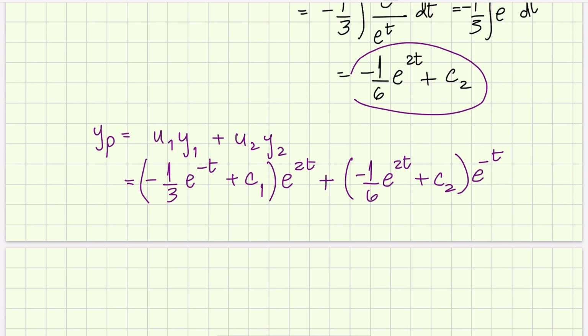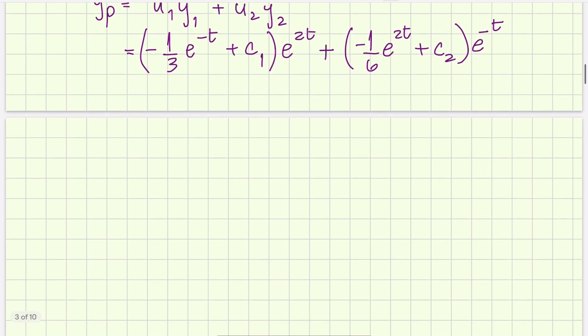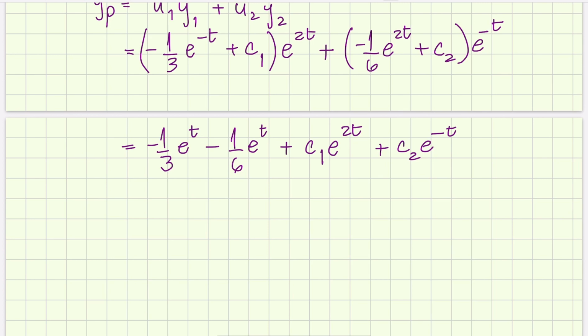Now, if you multiply these out, you should get negative 1 over 3 e to the power t, negative 1 over 6 e to the power t, plus c1 e to the power 2t plus c2 e to the power negative t.